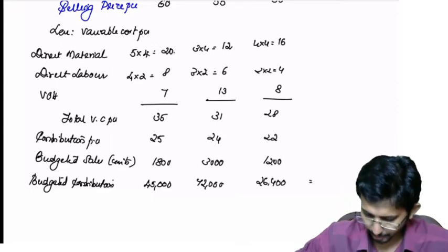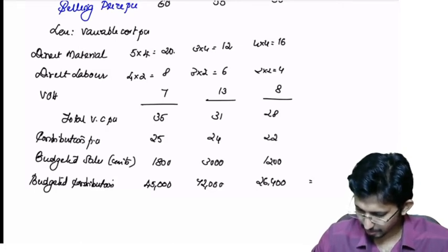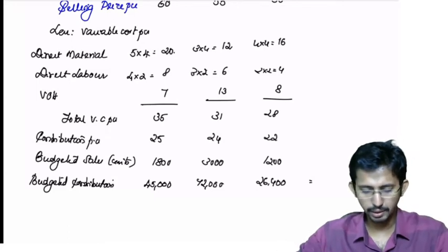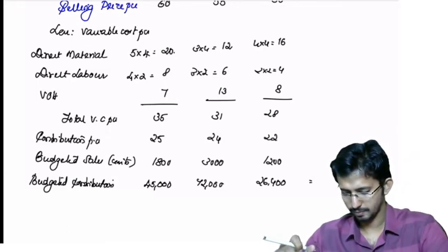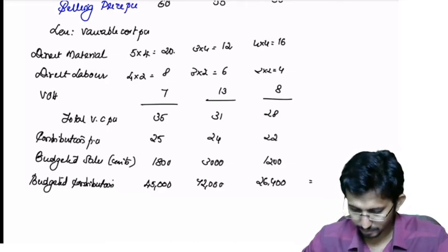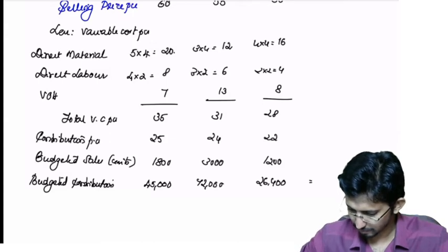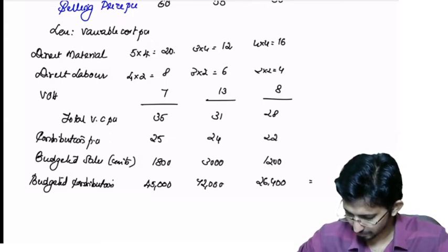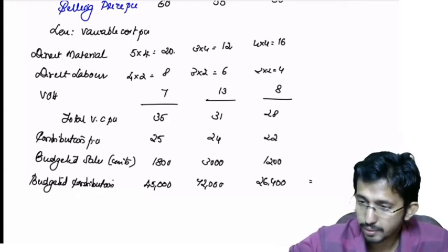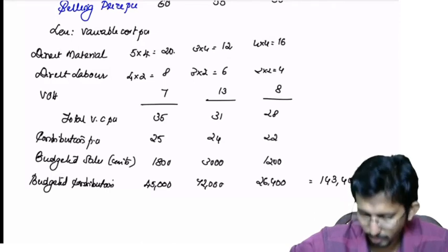So total contribution will be 45,000 plus 72,000 plus 26,400. So 143,400.